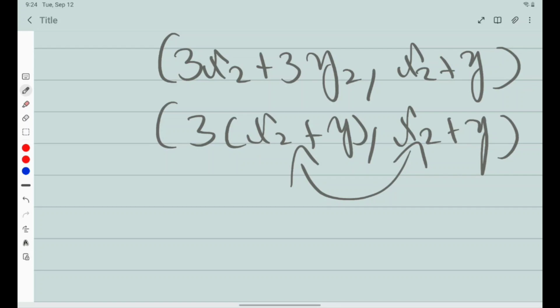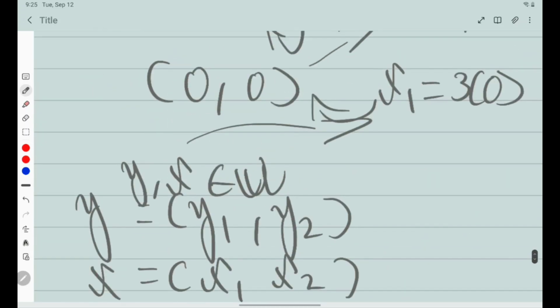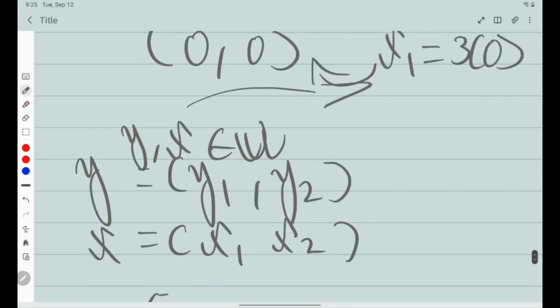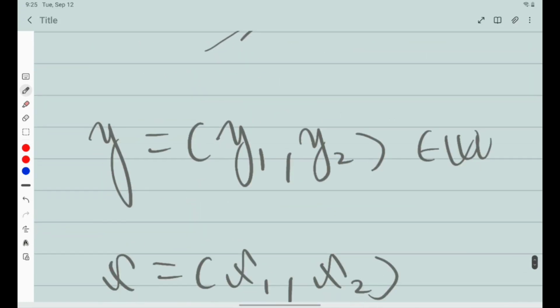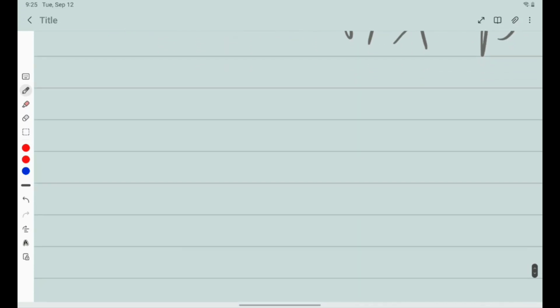For any arbitrary vectors that we add together in our subset, we will get another vector in our subset. And then the third condition is that if we scale some vector, then we will get a vector in our subset.